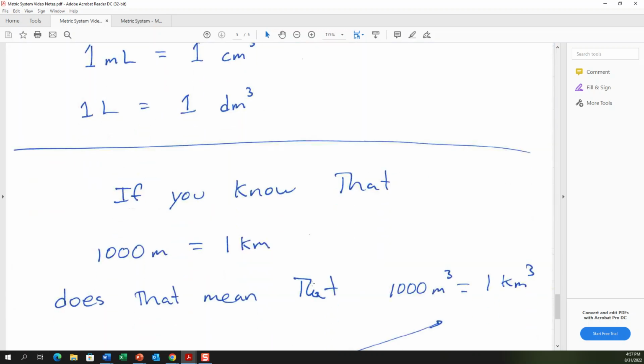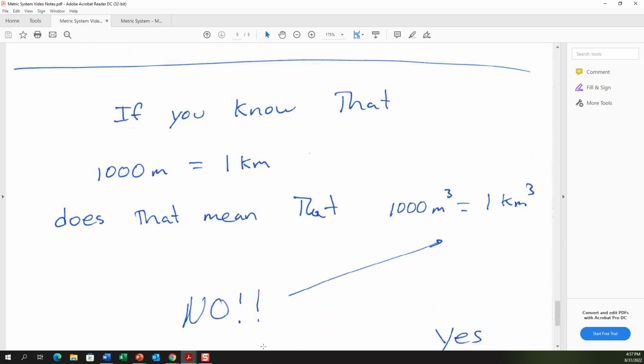But here's my question. If I know this equality, what if I wanted meters cubed to kilometers cubed, right? Does that mean if this is the right equality from meter to kilometer, is this the right equality from meter cubed to kilometer cubed? Okay. And the answer is screamingly no. That's not correct. This equality is not right. This is right.